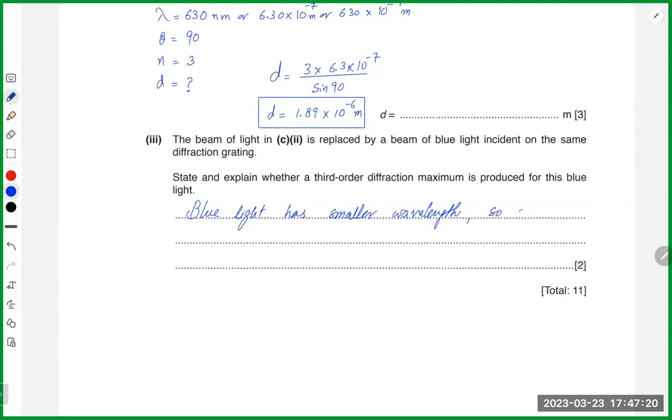So smaller angles between orders, hence more orders produced. So yes, third order is produced.